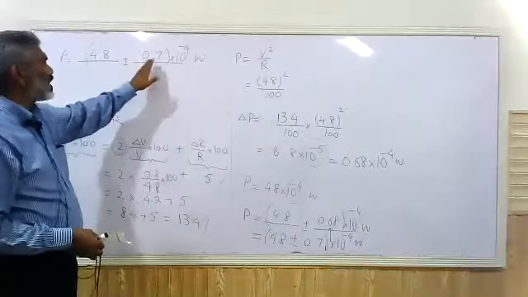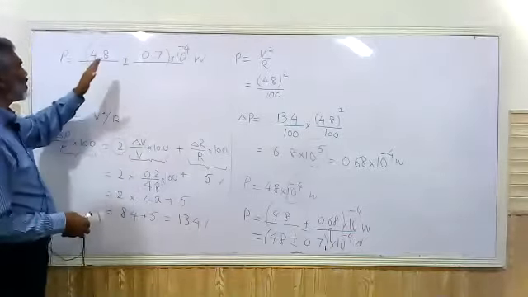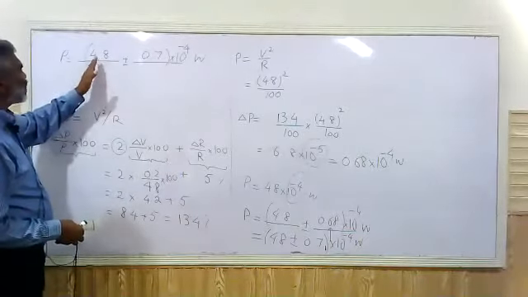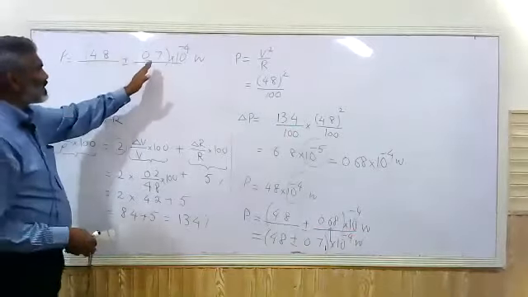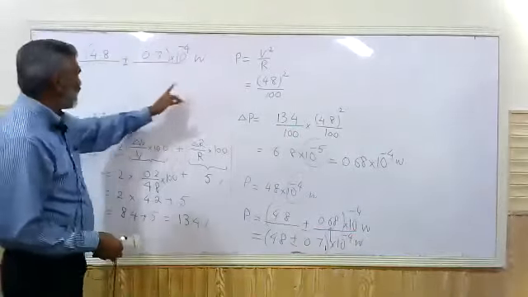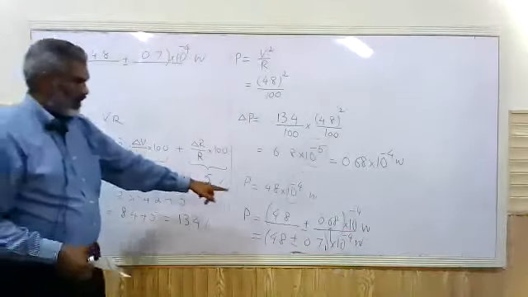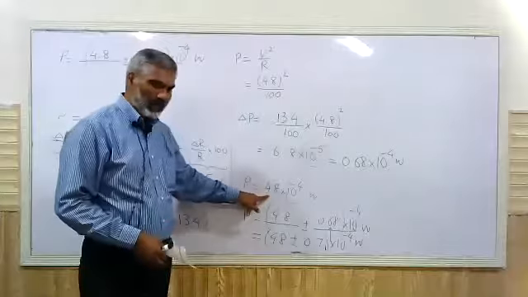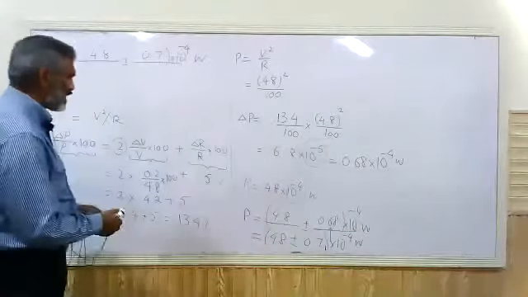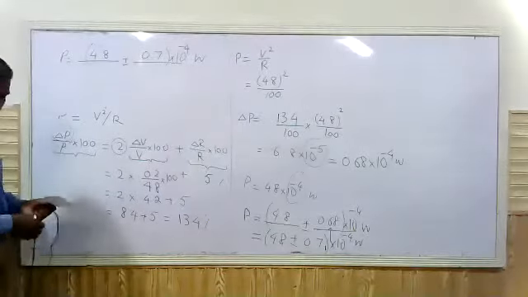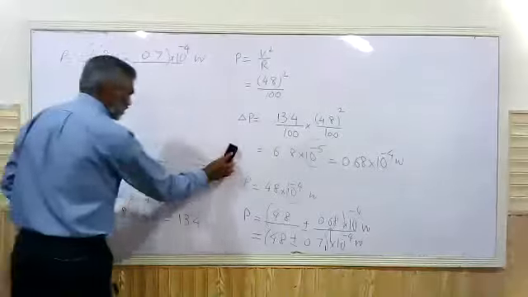If it is 0.07, that is okay, but 0.07 doesn't fit here because it is 4.8 and nothing after. So if it is 0.07, you must add one more digit here that you found during the calculation. So you consider the third significant figure here as well. Let me give an example to that effect in the next question.